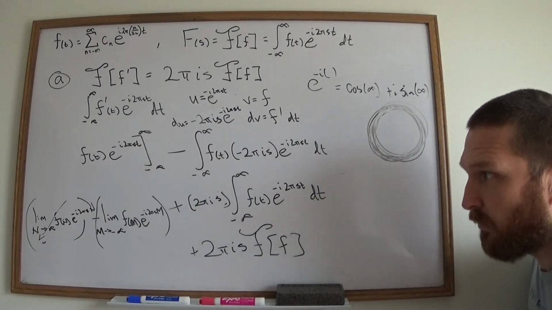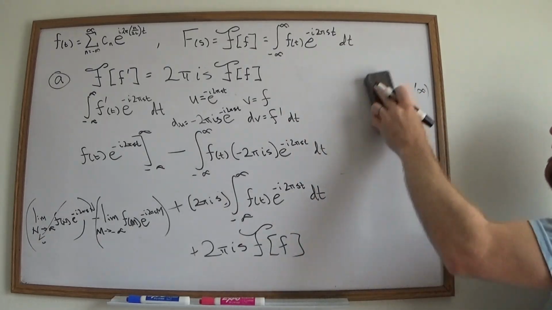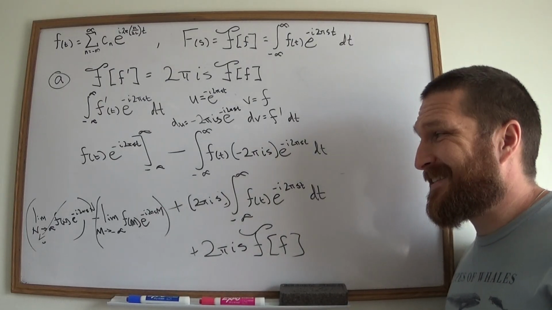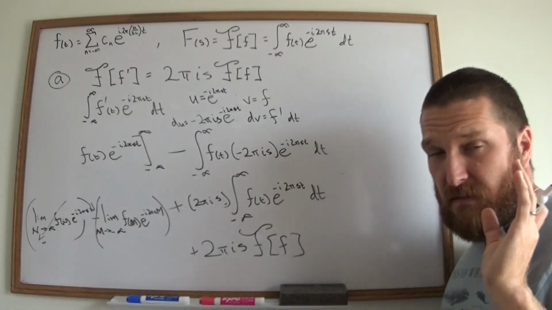So what do we do? Well, this is where I messed up. In the actual text, it was like 1 a.m. and I just needed to write some stuff down.